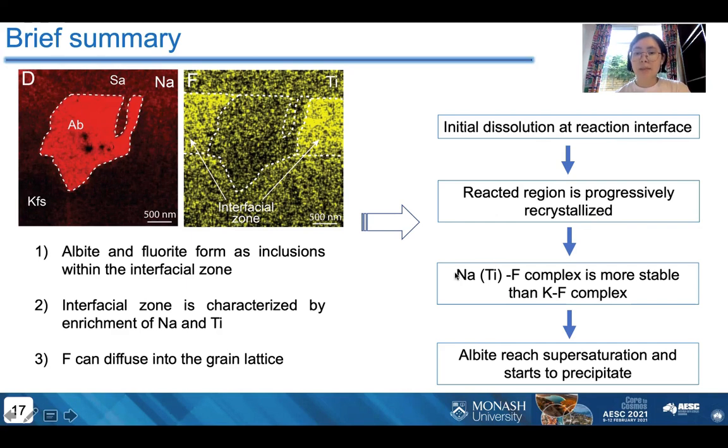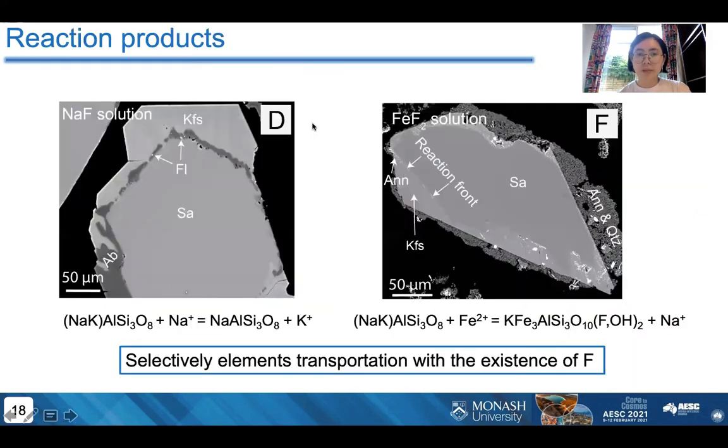Due to the small atomic radius of sodium and fluorine compared to potassium, they can form stable complexes with fluoride. Then it results in removal of sodium from pristine sanidine, and the remaining one became sodium-depleted K-feldspar at the rim. And as the reaction front moves from rim to core, albite would reach supersaturation, resulting in the nucleation and precipitation of albite at the reaction front.